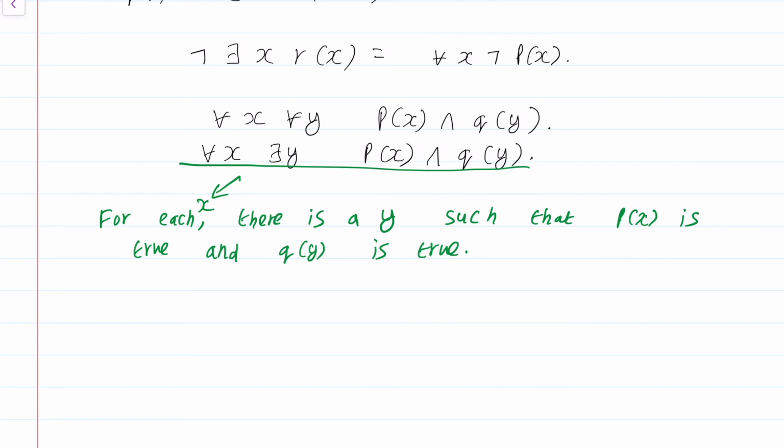On the other hand, let us say I reverse this statement and say there exists y for all x, p of x and q of y. This statement, when you translate it into English, is saying the following.